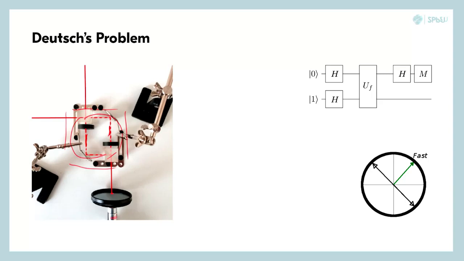Yes. I told you about the interference. So the photon goes by two paths and presents the interference pattern here and here also.